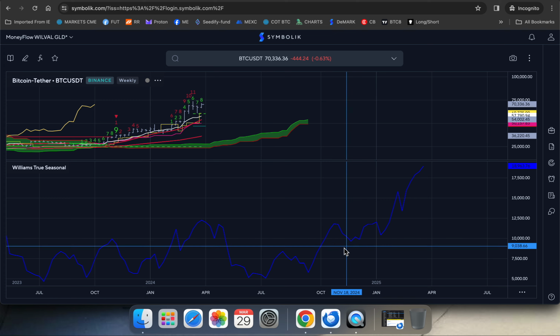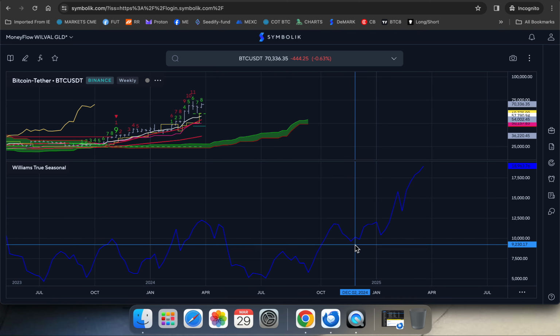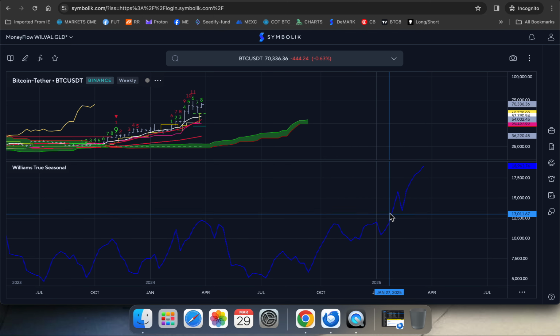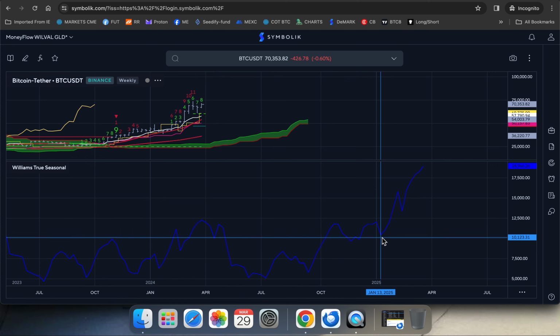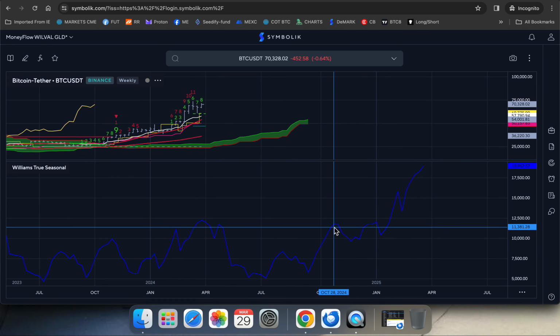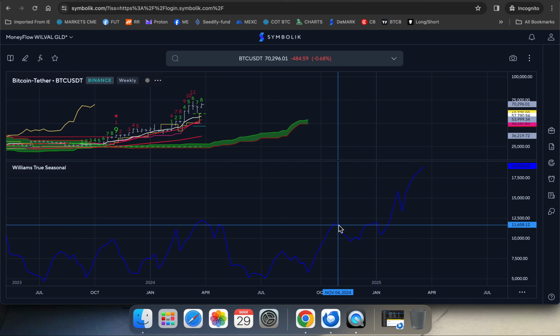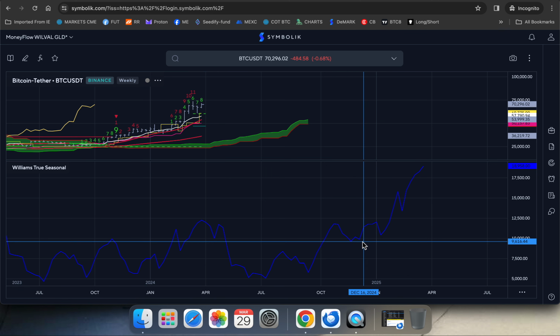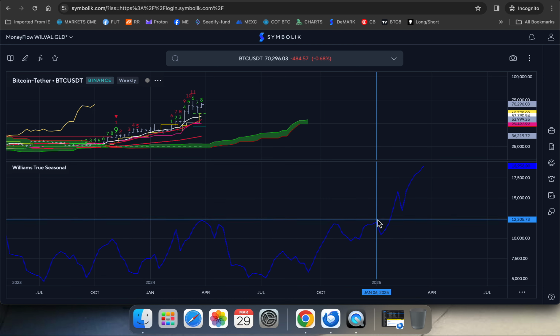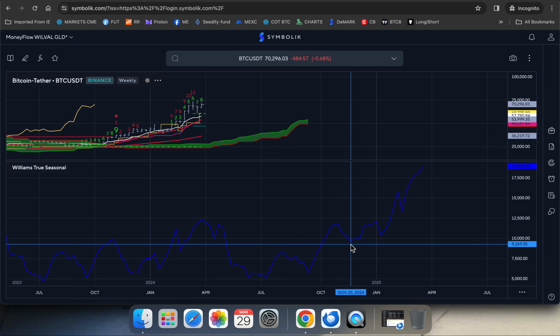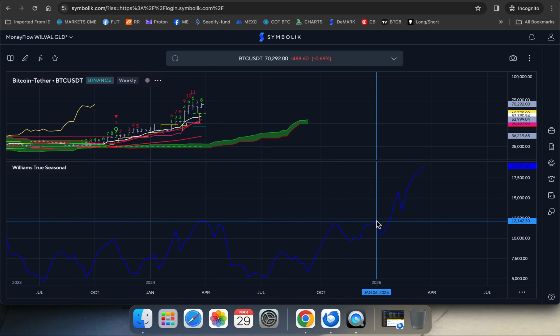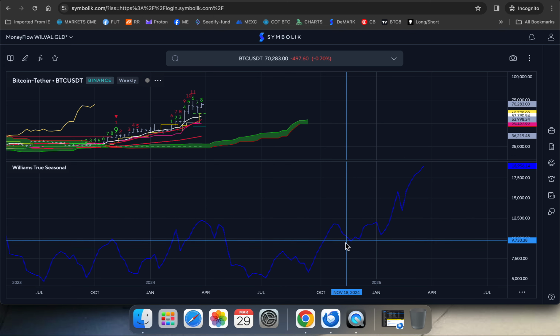Sometime in October, usually you're going to get a pretty good rally. October, November, historically pretty good months for Bitcoin. November, even through December, mostly up. That's what that shows. November 25th till the end of the year, pretty much straight up.